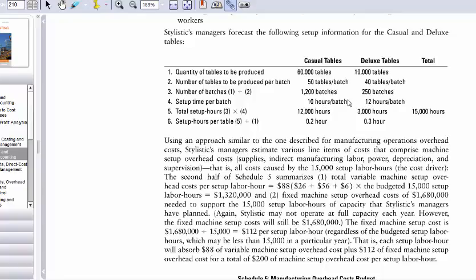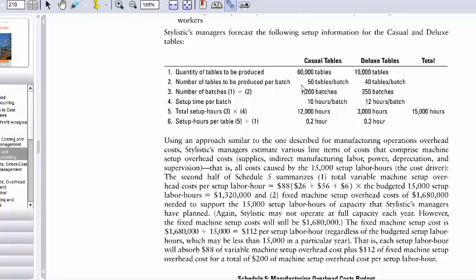This is what's helping us with our activity-based costing. We've got a lot more hours that go into a setup, let alone the actual direct labor hours. This is just the setup. Activity-based budgeting is going to help us include these differences in our calculations.